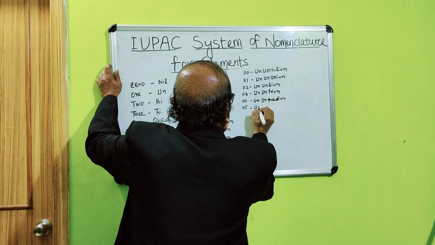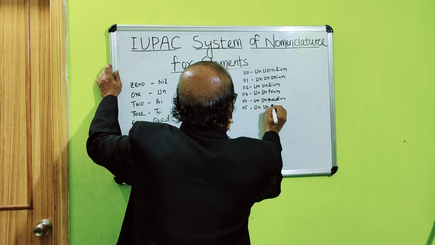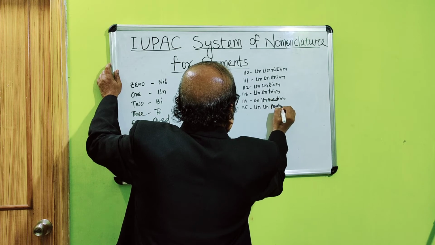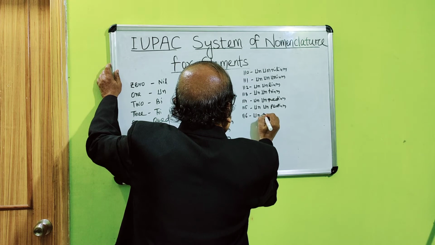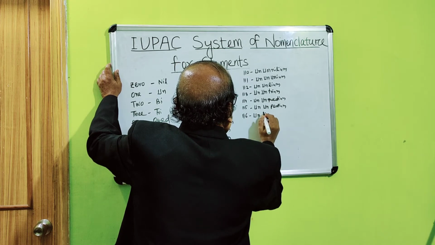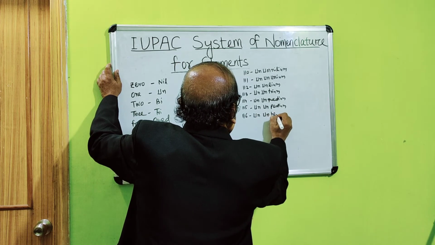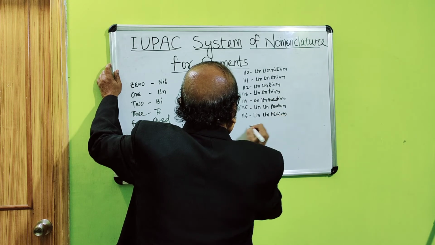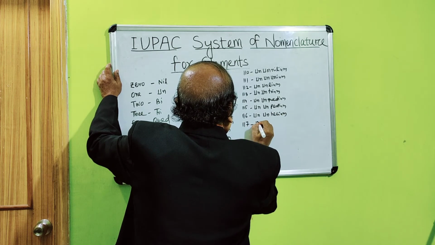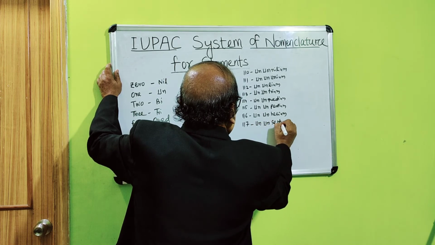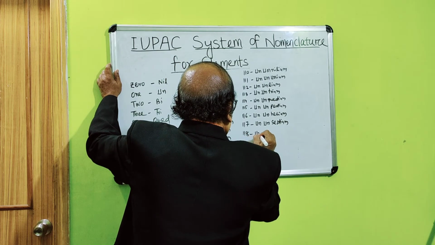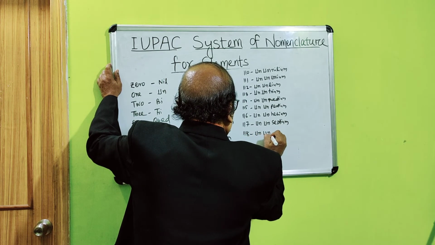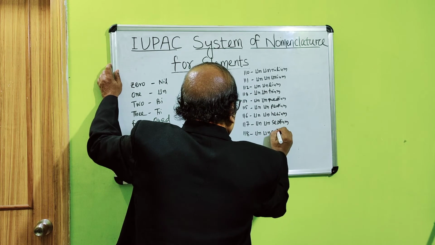115, un, un, pentium. 116, un, un, hexium. 117, un, un, septium. And 118, un, un, octium.